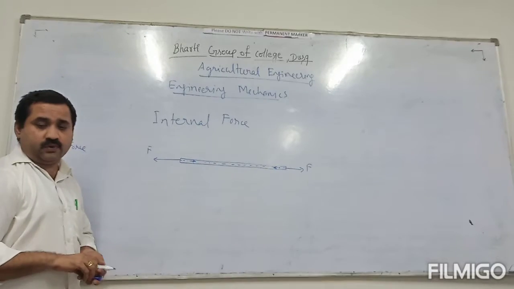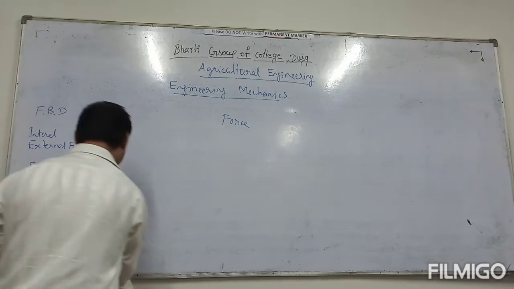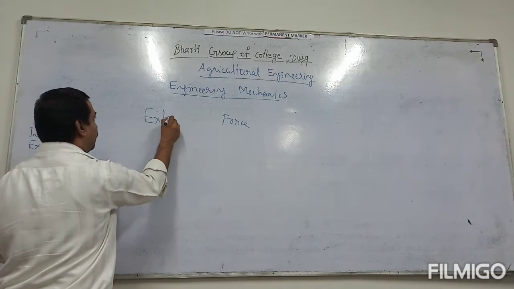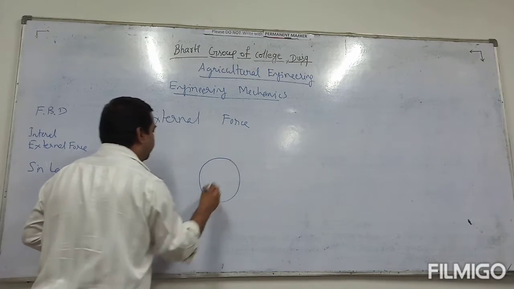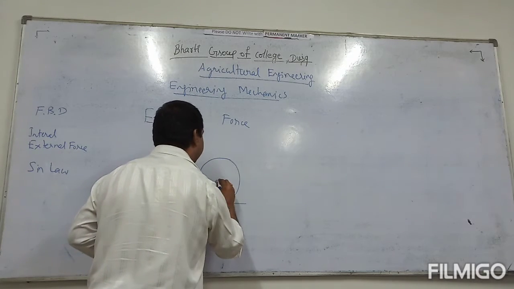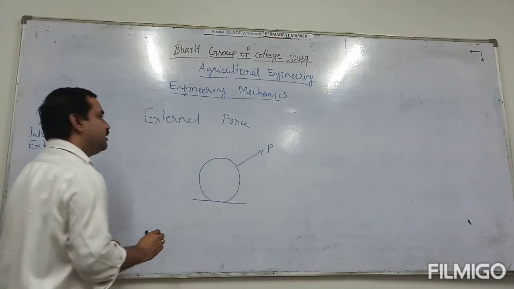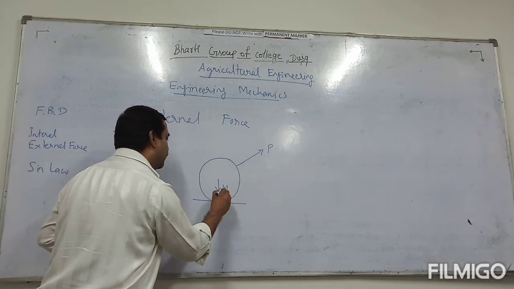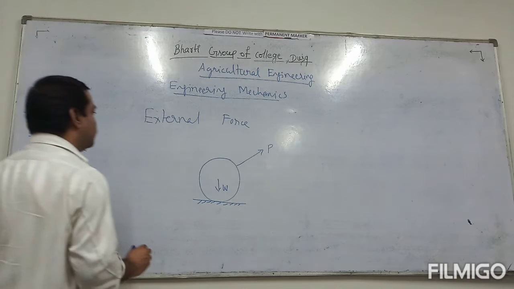Next is external force. If one ball is here and some effort P is there, then weight is also acting here, and a reaction is also here.